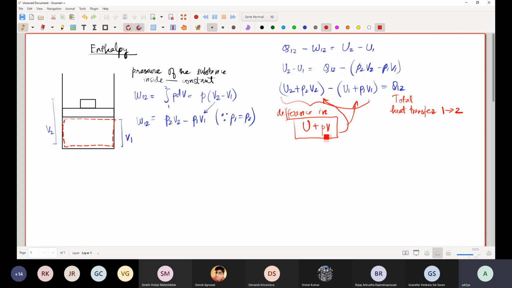Moreover, the heat transferred in going from 1 to 2 does not depend on the path taken. Q12 obviously only depends on the final state and the initial state. There is no integration going on. What does that mean? That this particular combination of terms is also a thermodynamic property.